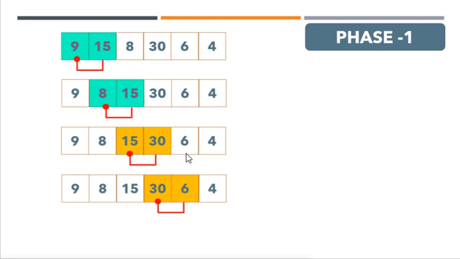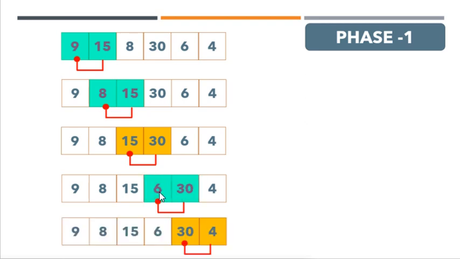But we will be moving ahead and comparing 30 and 6. When you compare 30 and 6, 30 is bigger, so again shuffle. Go ahead, 30 and 4. 30 is bigger, shuffle them. Cool. What we have seen over here is that one phase is over.